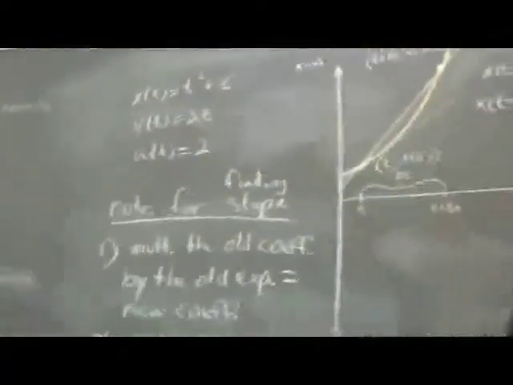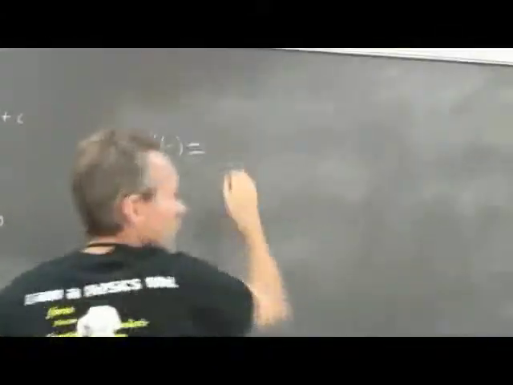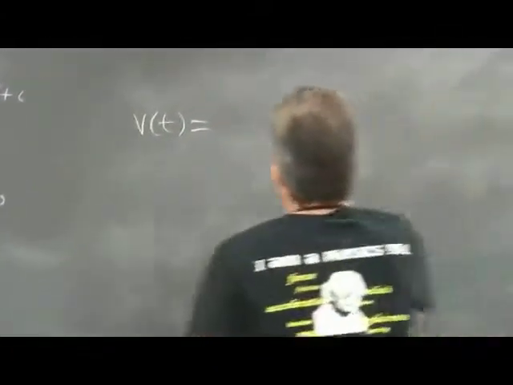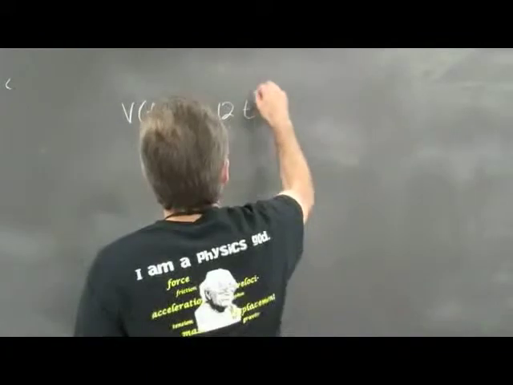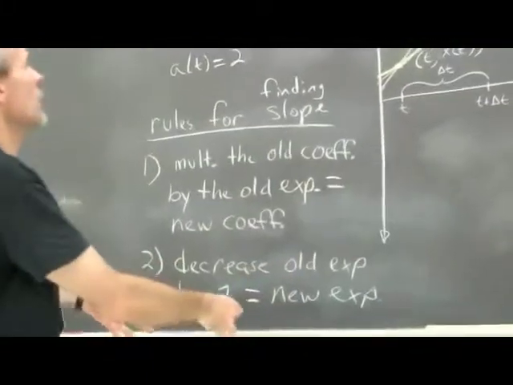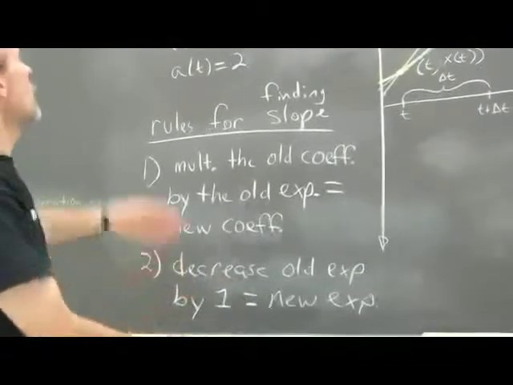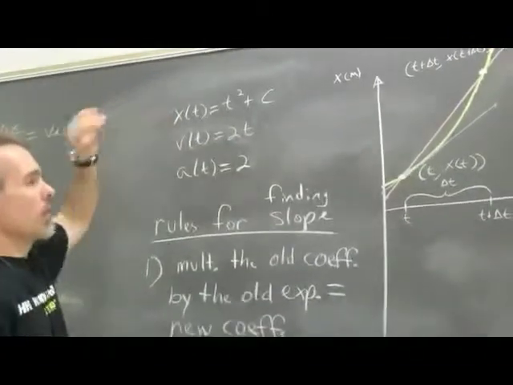In other words, let's say that instead of starting off with this equation, we had something like the following. We have velocity is equal to, let's say, 12t cubed. Is there a way I can use these rules to figure out the position time graph?